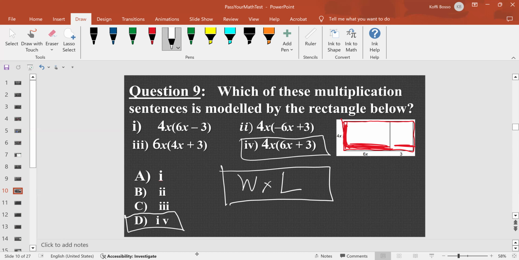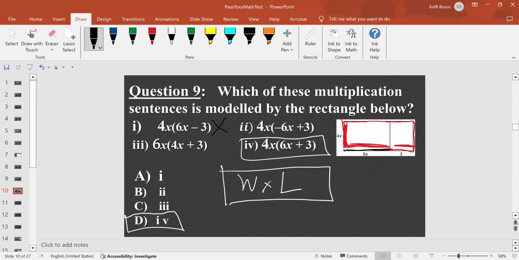But let's check something. If you take I, they say 4x times 6x minus 3. So 6x is just this length. So you cannot do 6x minus 3 to get what? I don't know. So this doesn't correspond to anything in a rectangle. It's not like area or perimeter. It doesn't work for area, doesn't work for perimeter. So this is out.